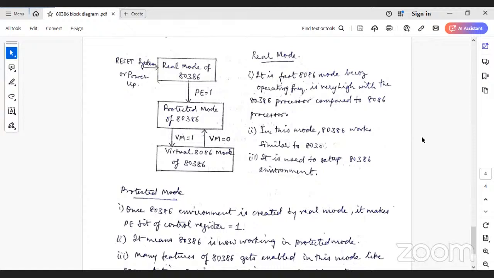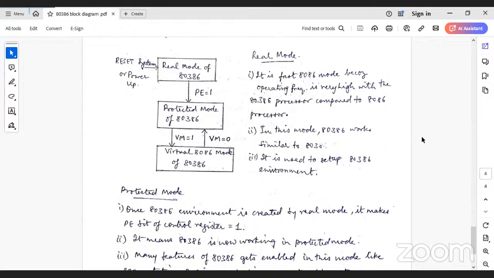Virtual mode it is. In this, whatever programs you had in 8086, you can still execute them in the 386 environment. So that is why the virtual mode is also there in your 386 processor.